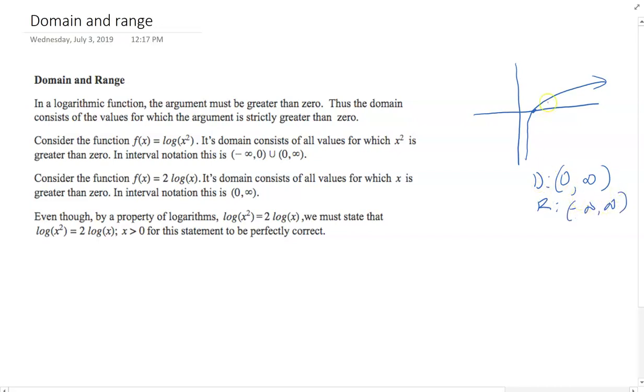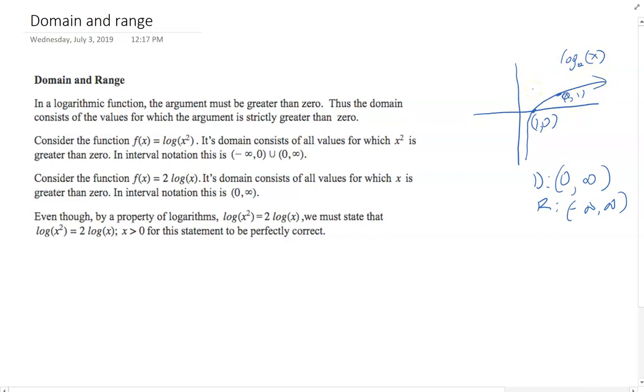And this original log function passed through 1, 0, and also if you're doing log base a of x, then this other point would be a comma 1. So if you were log base 10, that would be 10, 1. Log base e, that would be e comma 1, and so on.